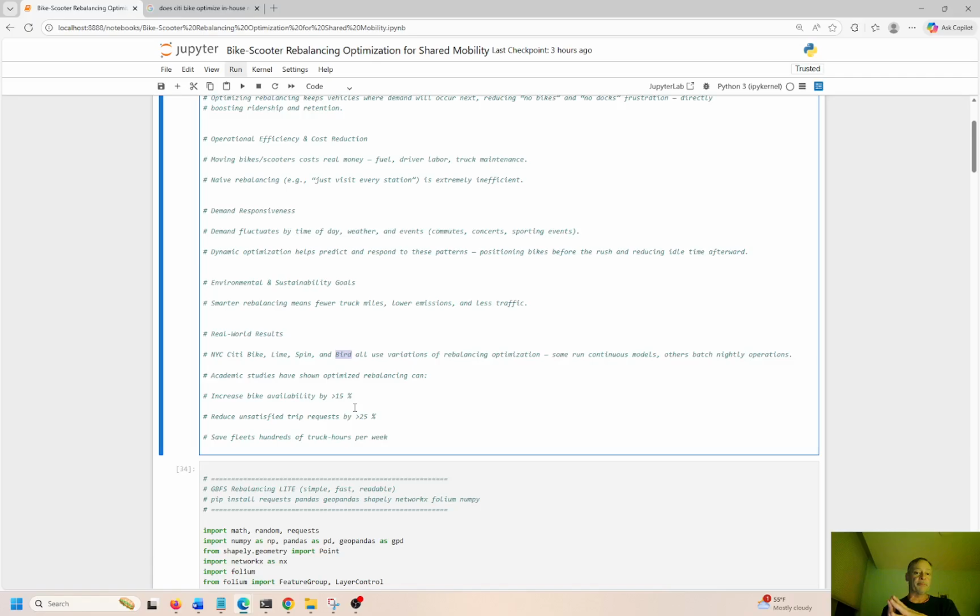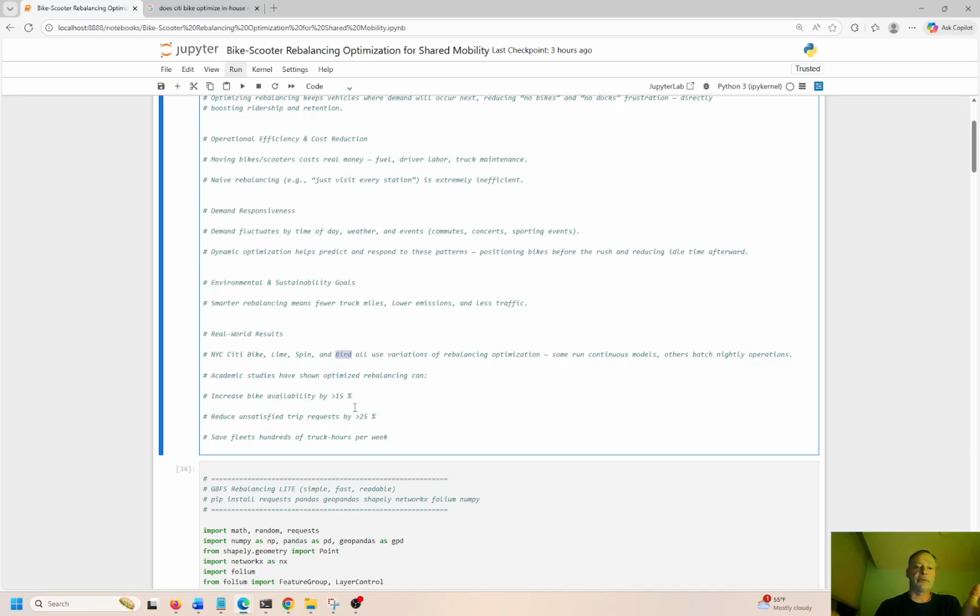Based on my preliminary Google search, they all partake in some kind of optimization routine, either in real time or close to real time, or they do batch processing overnight and probably roll trucks very early in the morning. I'm just guessing here, maybe 3, 4 o'clock, maybe 5 a.m. Not sure exactly the timing.